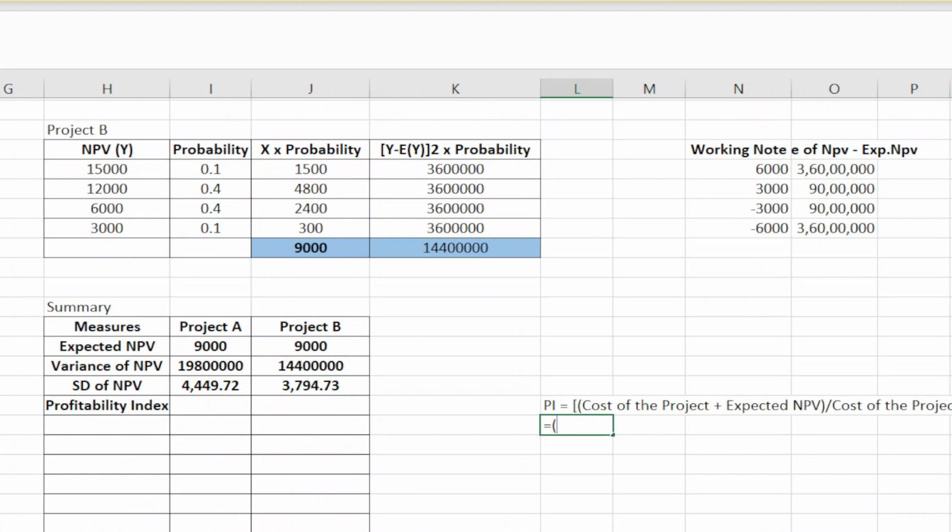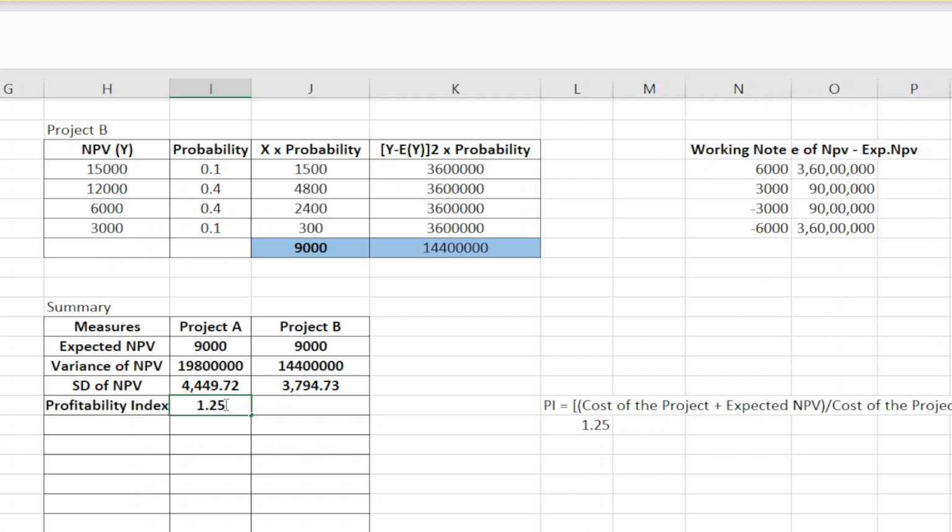So the cost of the project is 36,000 plus expected NPV, which is the same in the first and second cases, 9,000, divided by the cost of the project, 36,000. Correct? How much will it be? 1.25. So the profitability index of project A is 1.25.